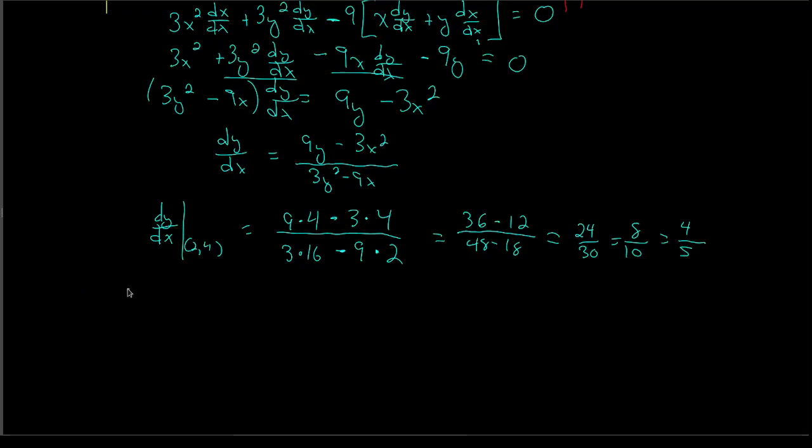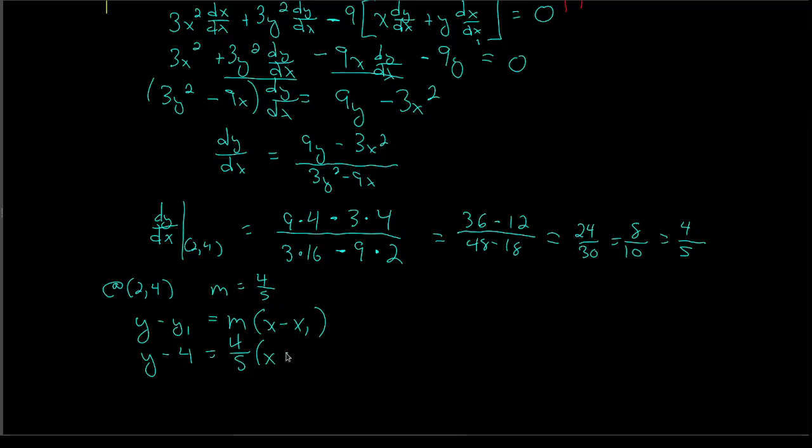So, at the point 2 comma 4, our slope is equal to 4/5. So our tangent line, y minus y1 equals m times x minus x1, or y minus 4 equals 4/5 times x minus 2.